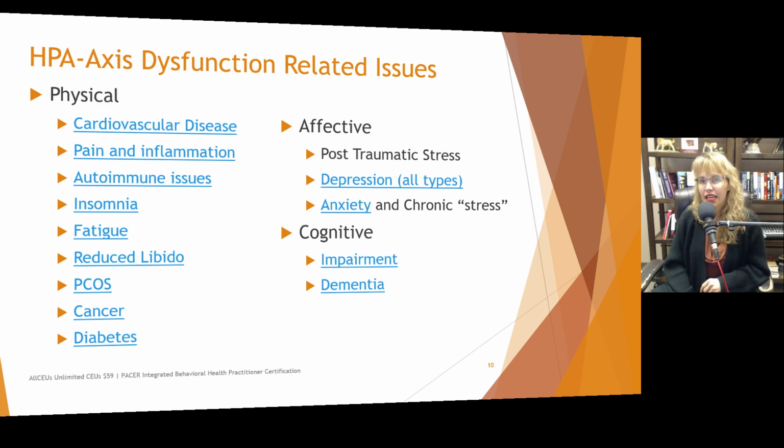And cognitively, HPA axis dysfunction has not so long ago been tied to cognitive impairment. When it's time to fight or flee, it's not time to focus and learn, but also with the development of dementia.